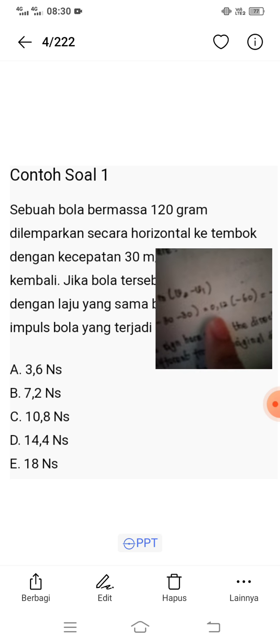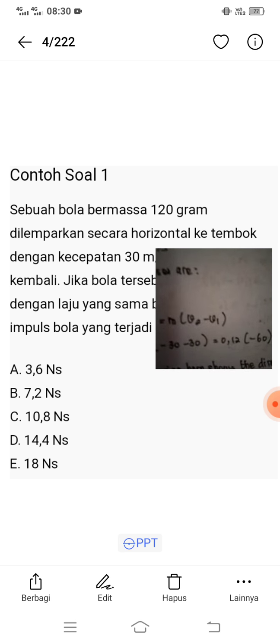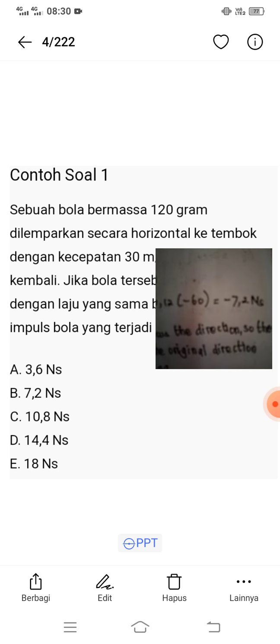I is 0.12 multiplied by minus 60, which is minus 7.2 Ns.